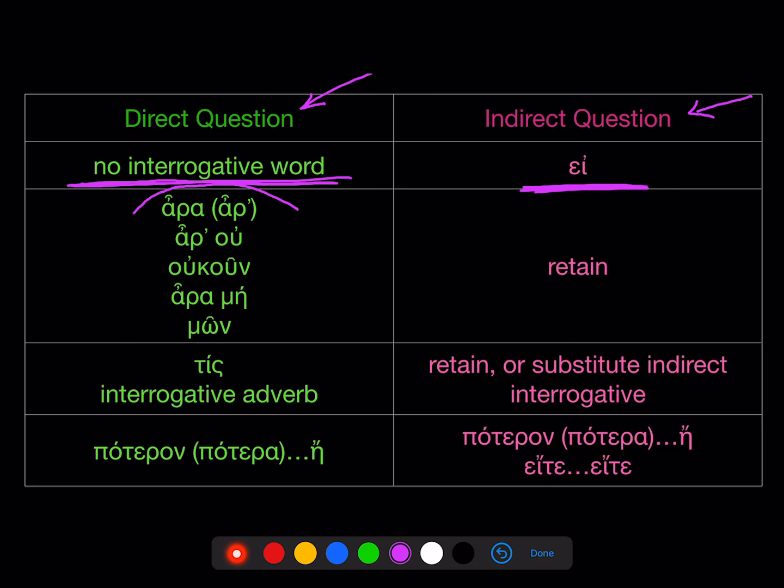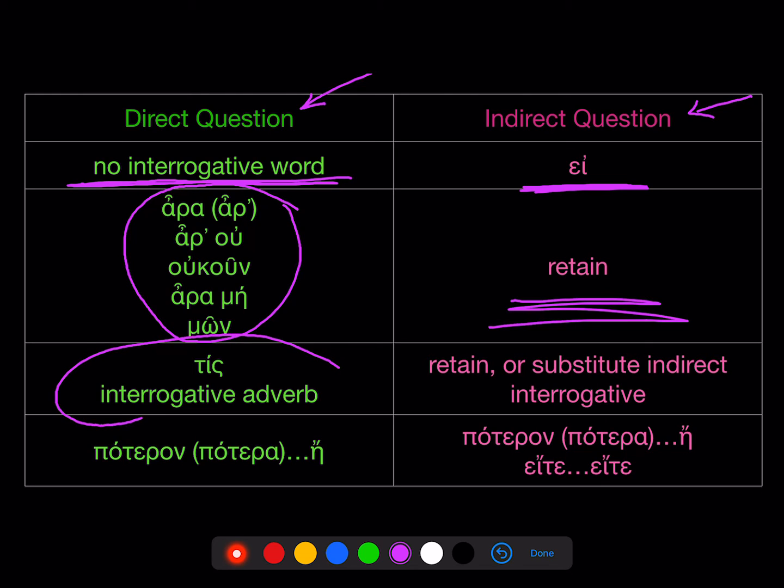If you had one of these question words, right, one of these particles, ara or aru or ukun or arame or mon, you keep them in the indirect question. So that's super easy. If you have a tis or one of our new interrogative adverbs, you still can keep those, or you can substitute an indirect interrogative. We're going to look at those in a minute.